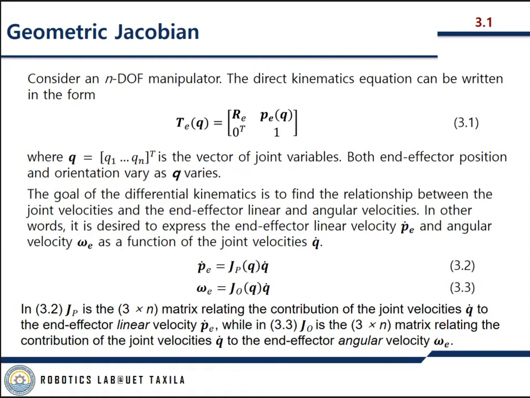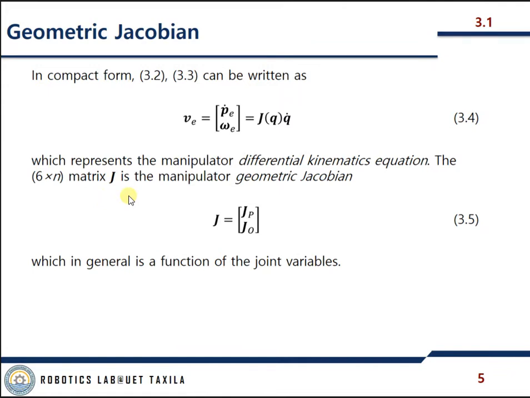Let's go ahead. In compact form, 3.3 and 3.2 can be written as this one. We combine the velocities, which contain the linear velocity and angular velocity, and it is equal to the Jacobian J of q multiplied with q dot.